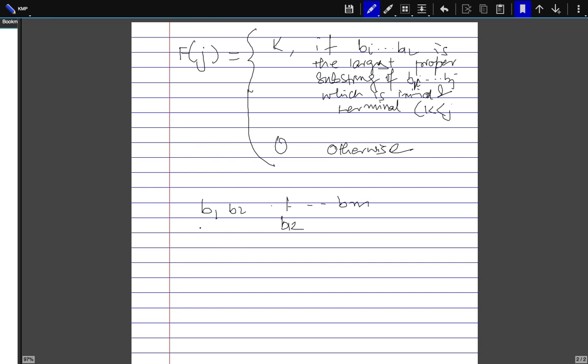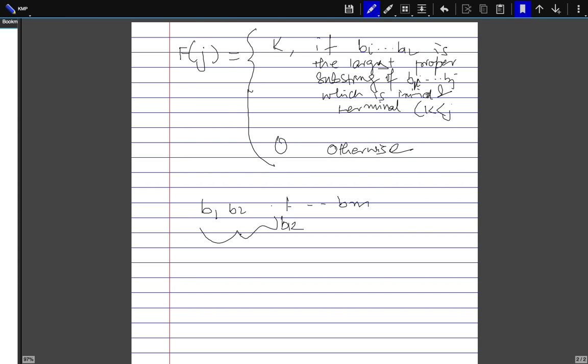We can always divide the problem space into a smaller bit and try to find a k between b1 and bk and make that point our new bk. If we cannot do that, we divide further and we try to find another bk till a point where we cannot divide anymore, at which point we'll say we haven't found such a pattern and it's 0.